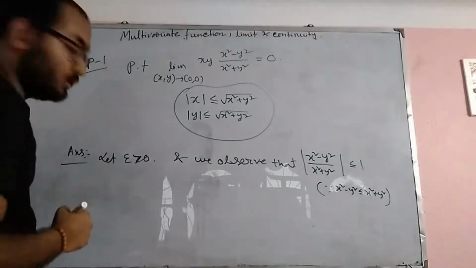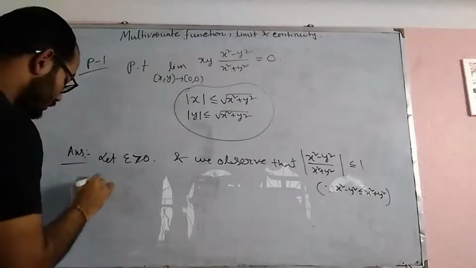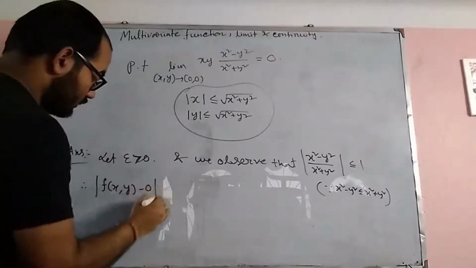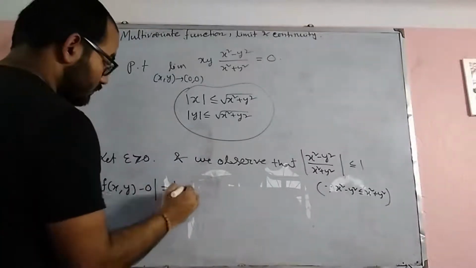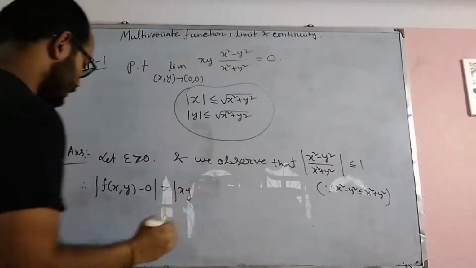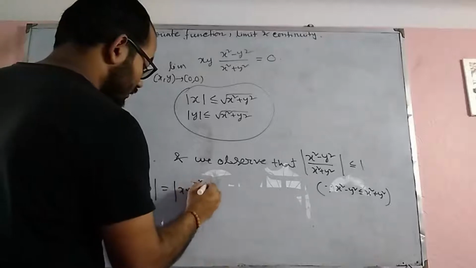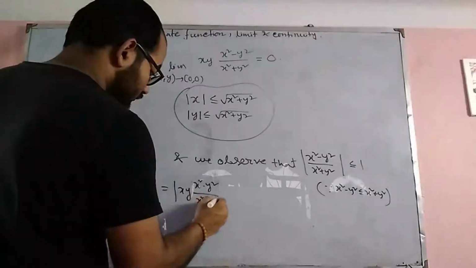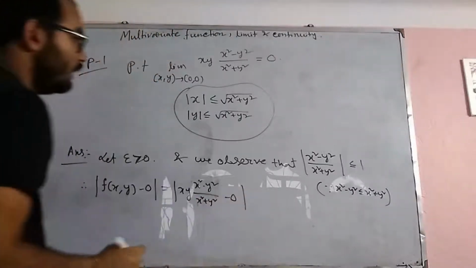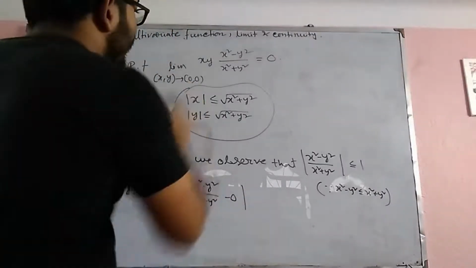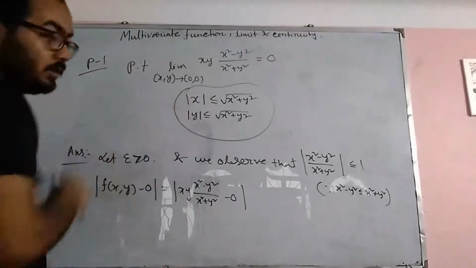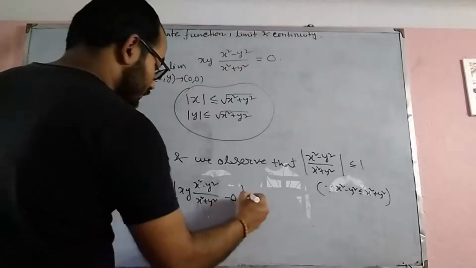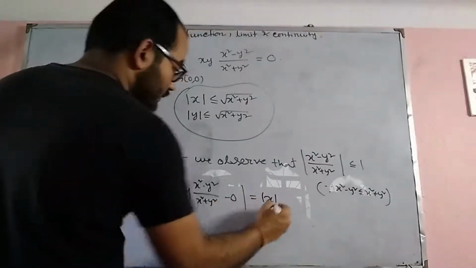So modulus of f(x, y) minus 0 is equal to the function written here, and now I will use these inequalities and this observation.